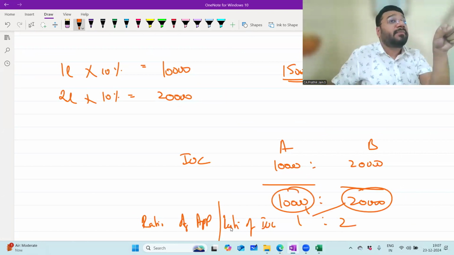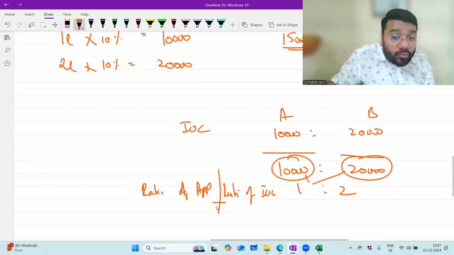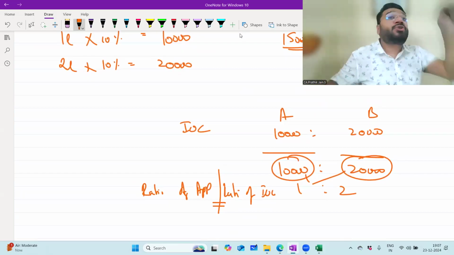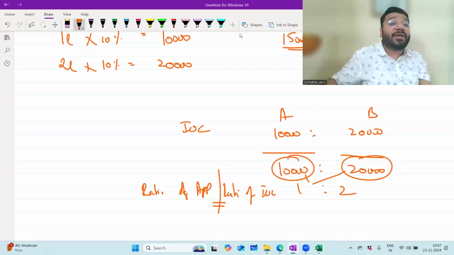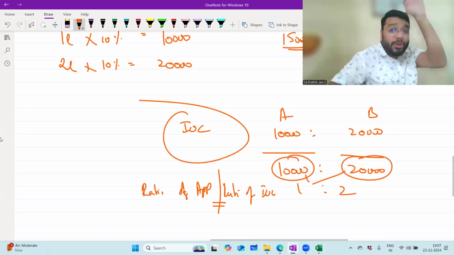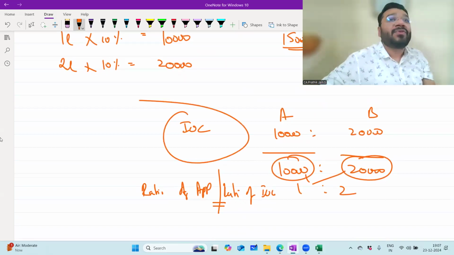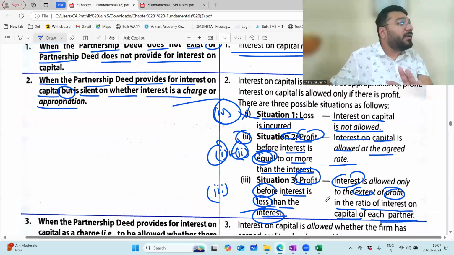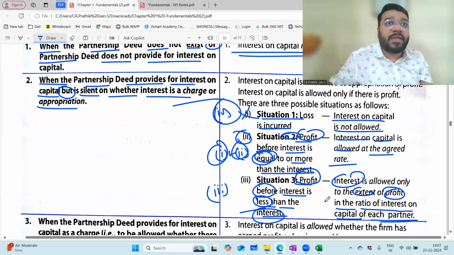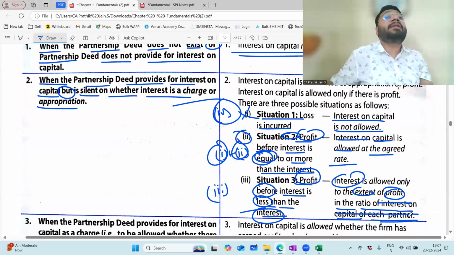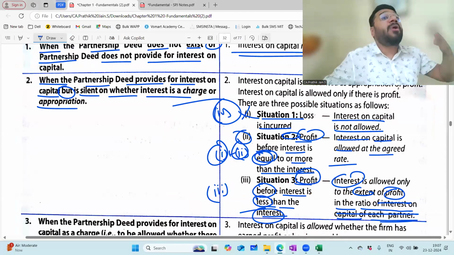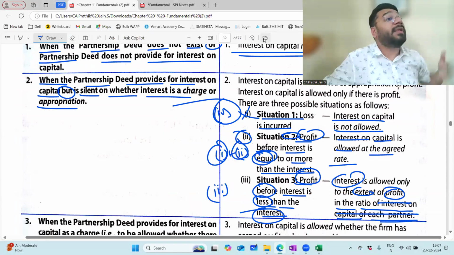The statement that ratio of appropriation is equal to ratio of interest on capital is true only when in the appropriation table you have IOC only. So ultimately here also they're telling ratio of appropriation only. They could have used a better choice of words, mentioning the ratio of appropriation, because they have themselves given in the earlier question that whenever the profit is not sufficient, distribute the profit in the appropriation ratio.